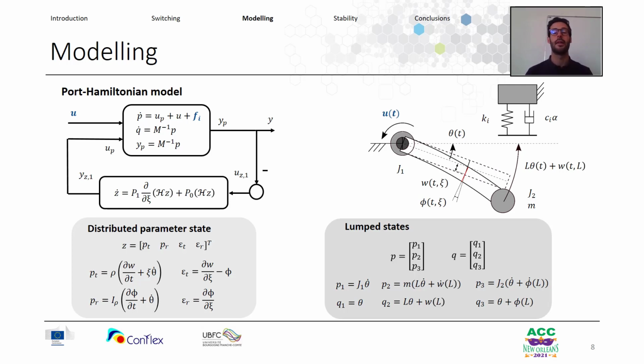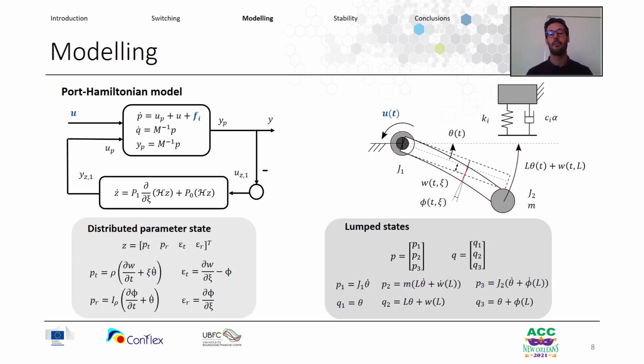We make the Timoshenko beam assumption for the distributed parameter part of our system, and therefore the state is composed by the linear and angular momenta and the shear and angular deformations.